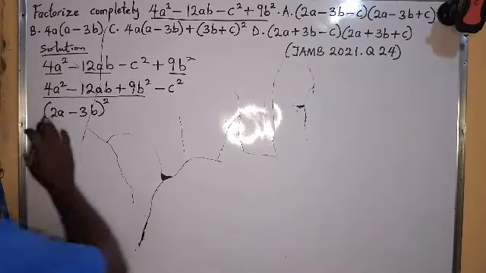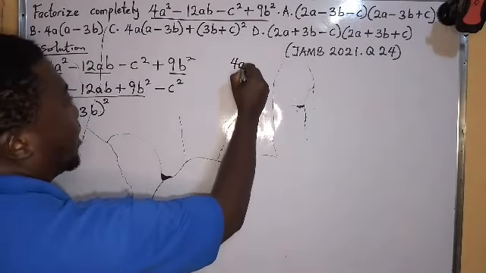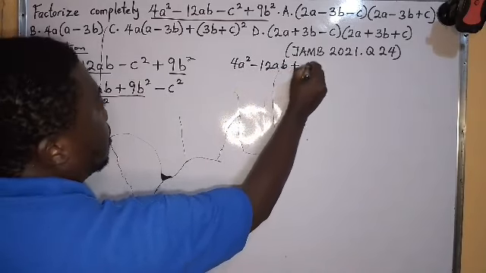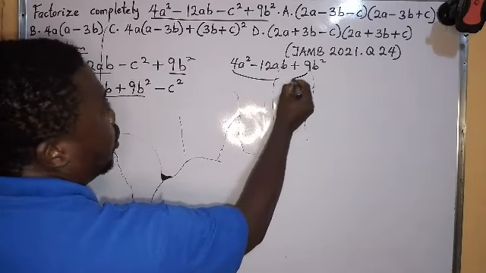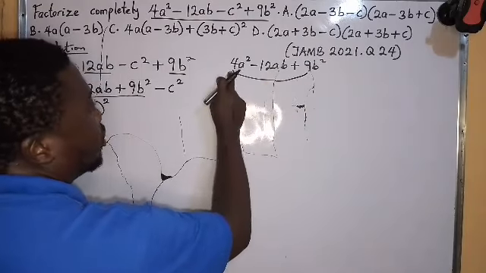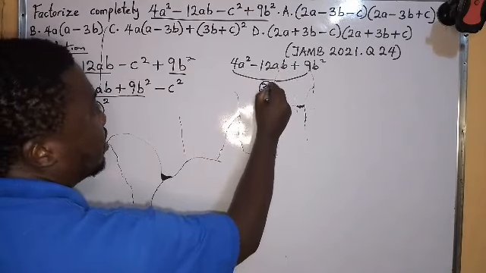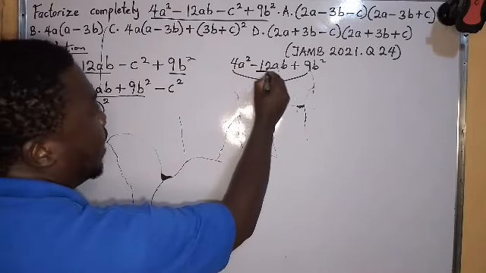If the way I derived my answer is not clear to you, let me do it for you here very fast. We have 4a squared minus 12ab plus 9b squared. We multiply the coefficients of a squared and 9 together, and that gives us 36. Then we look for factors of 36 that will give us minus 12.